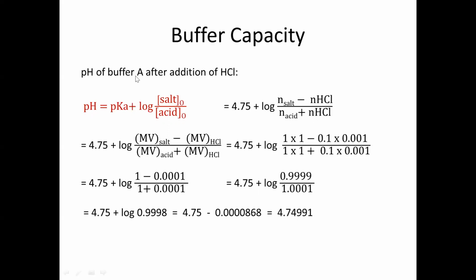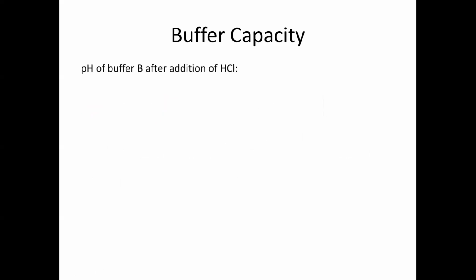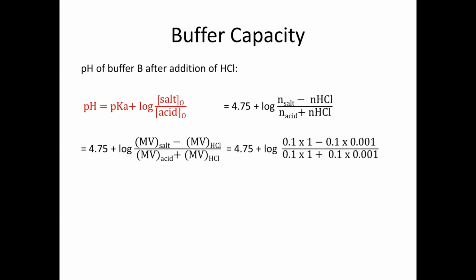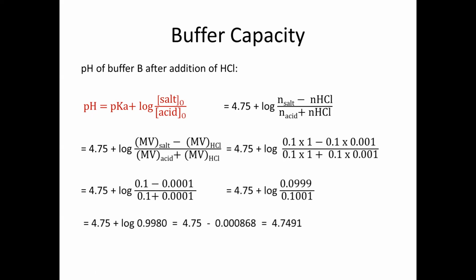So the pH of buffer A before adding HCl was 4.75, and after adding HCl, we have got 4.74991.